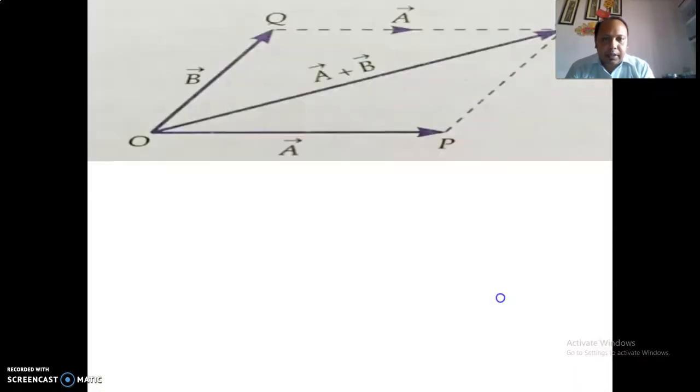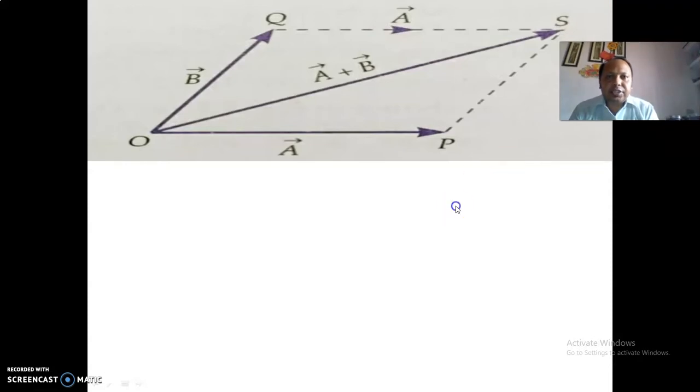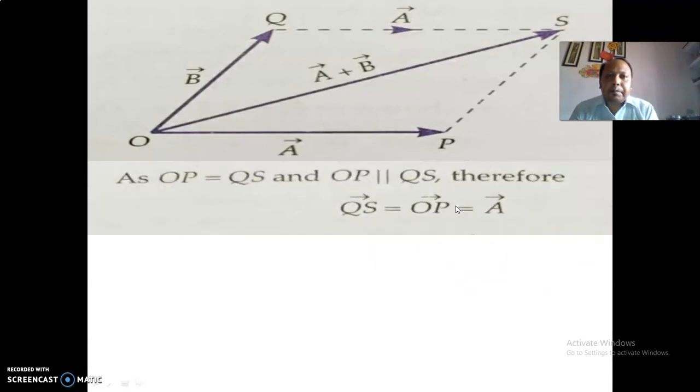Now next, just now we have considered vector A plus vector B is equal to OS. Now let us consider the condition in which we see that, since OPSQ is a parallelogram, the length OP is equal to length QS, and the direction of OP and the direction of QS are the same.